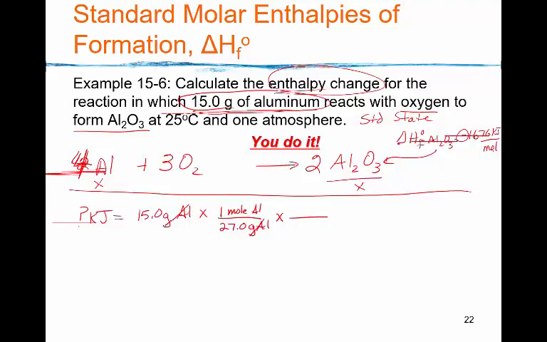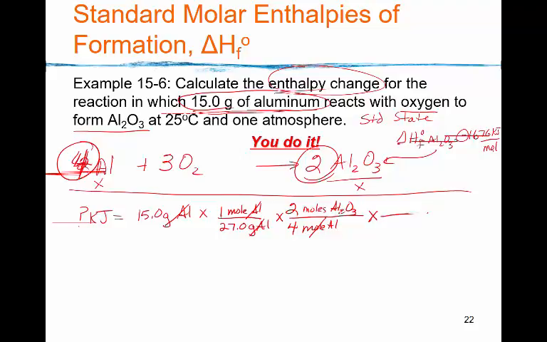Now, that's all well and good, but my enthalpy number is for aluminum oxide, so I've got to go from moles of aluminum to moles of aluminum oxide. In order to do that, I have to look at the molar ratio between aluminum and aluminum oxide. So I know moles of aluminum will have to go down here. There are 4 of those for every 2 moles of Al2O3. That will then get me to moles of Al2O3.